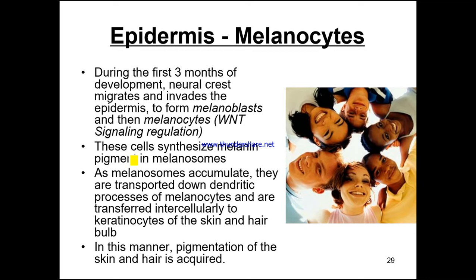As melanosomes accumulate, they are transported down dendritic processes of melanocytes and are transferred intracellularly to keratinocytes of the skin and the hair bulb. In this manner, pigmentation of the skin and hair is acquired, and so we all have different pigmentation.